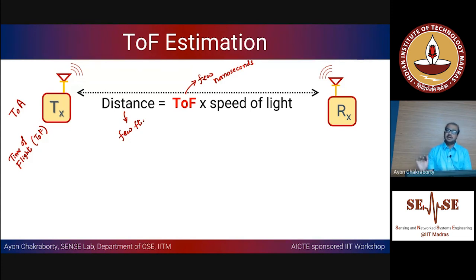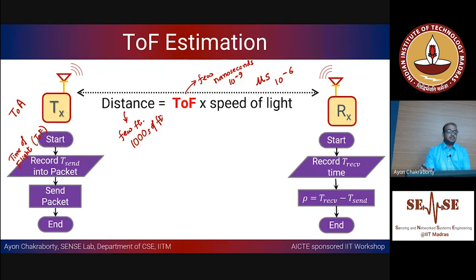Nano is 10 to the power minus 9, whereas micro is 10 to the power minus 6. If you have a microsecond error in time of flight, you will get thousands of feet of error. So I want you to understand the seriousness of the precision, or even accuracy, that we need for computing time of flight.